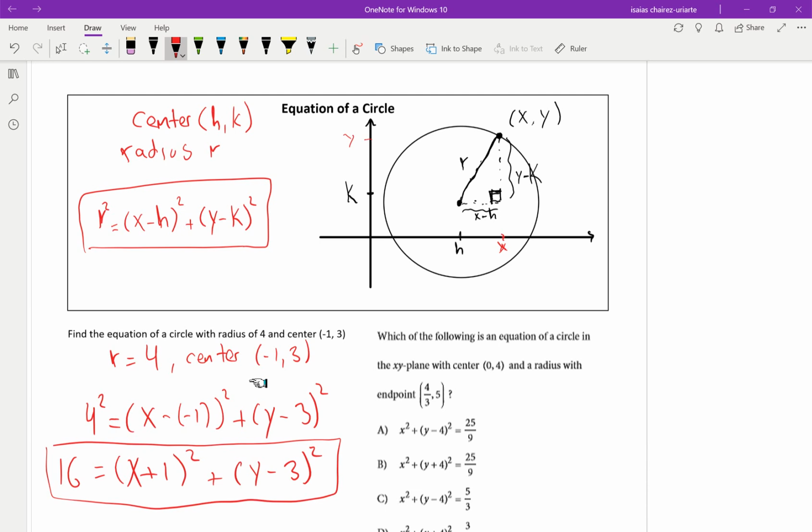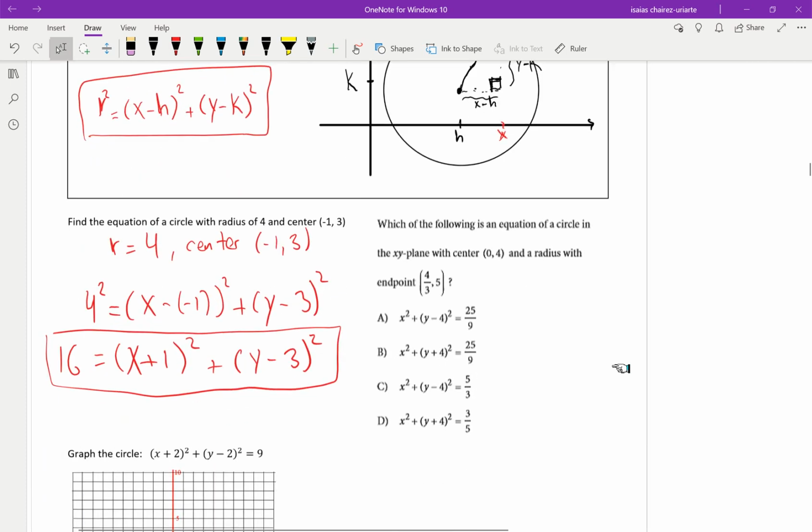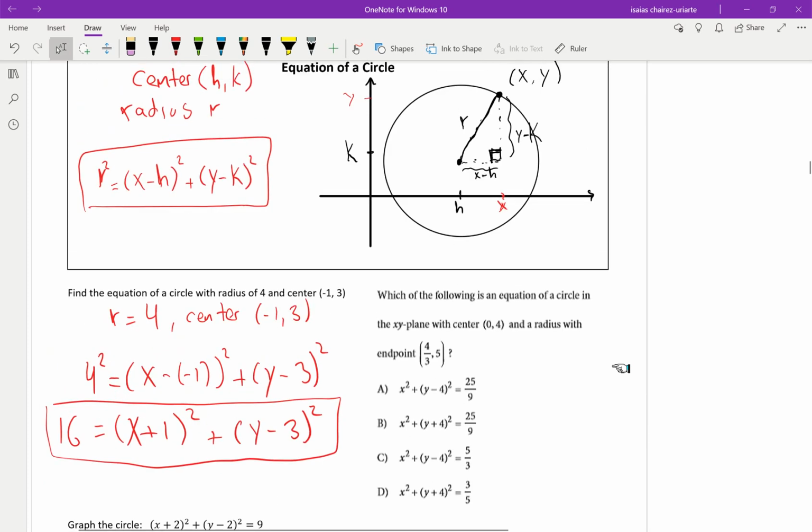This equation represents a circle centered at -1, 3 with radius 4. So the signs of the coordinates of the center change, and the radius gets squared. Hopefully you were successful at coming up with this equation.